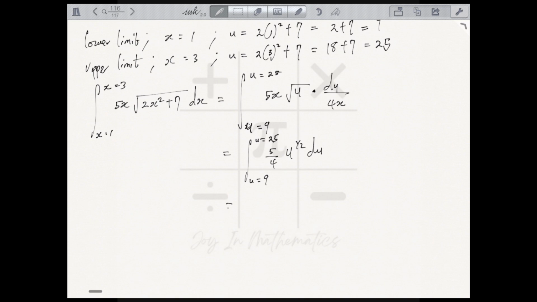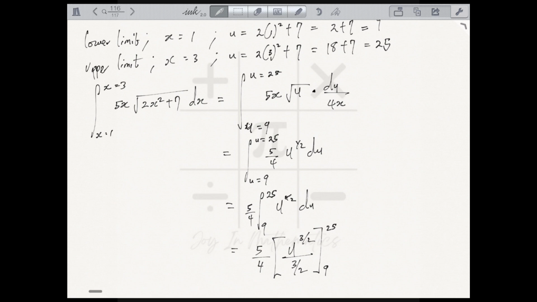Now since we are all now with the variable u, we can just simply say this is the integral from 9 to 25 of 5 over 4 u raised to power half du. Now after integrating this, we will be left with u raised to power 3 over 2 divided by 3 over 2 from 9 to 25.